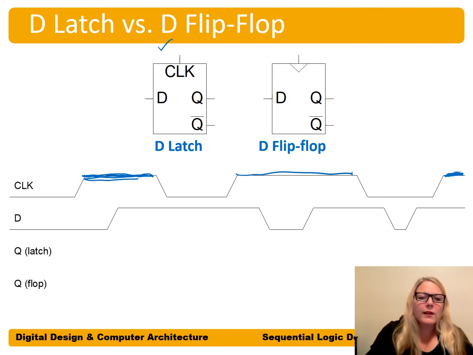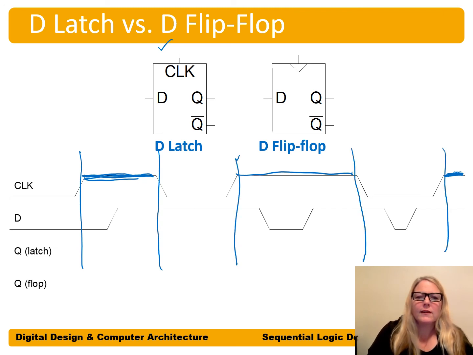We can even draw lines here. This is where Q could change, when clock is high. That's the only possible time. All other times will be memory. So when clock is low, the latch will retain its state.